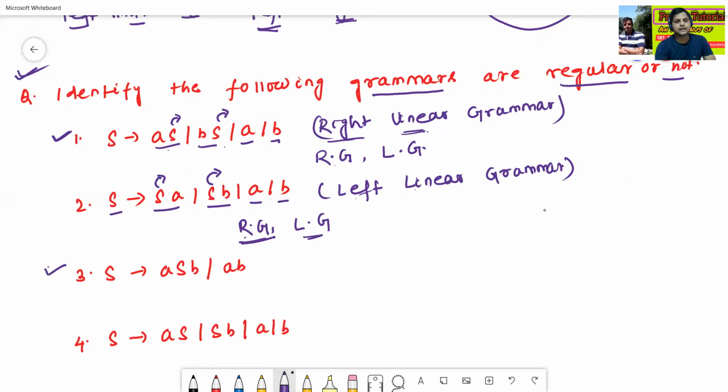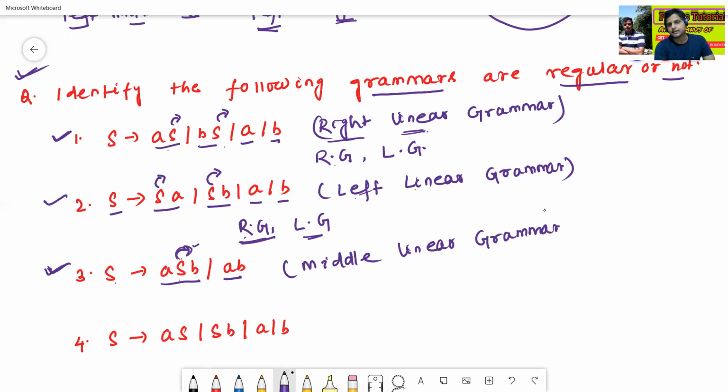Now we'll see the third question. S → aSb | ab. Here S is in the middle, so this grammar is called a middle linear grammar.